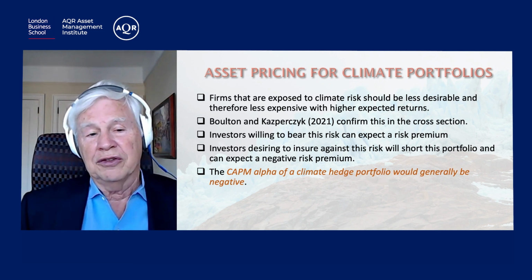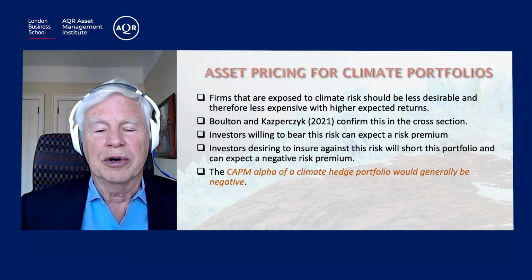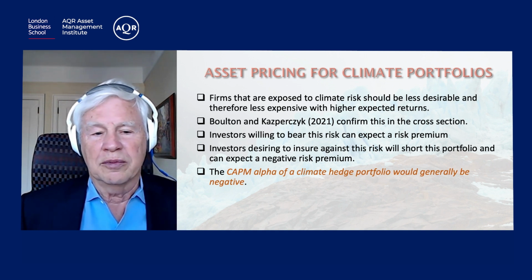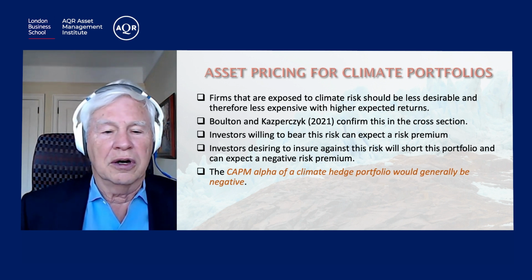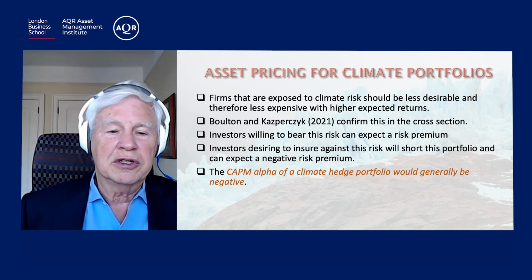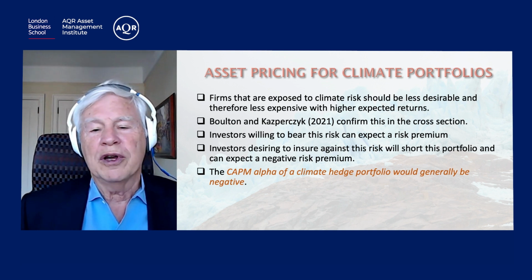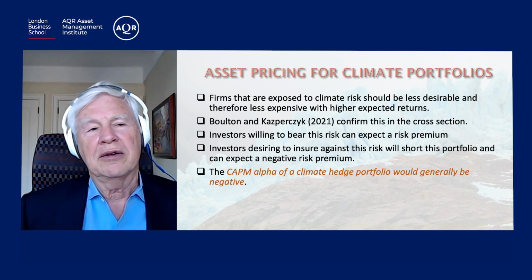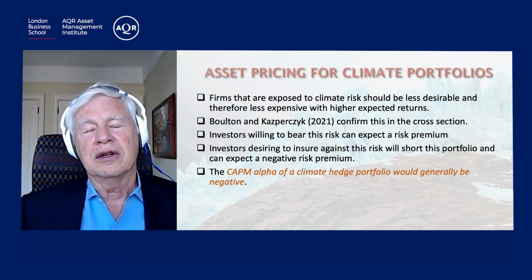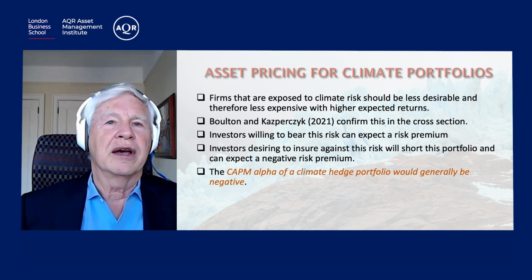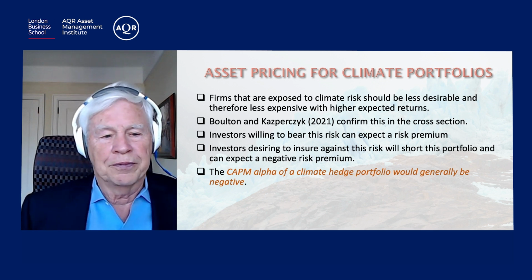So companies that are exposed to physical risks, like properties near the ocean, properties near wildfires, properties which have high carbon emissions and are therefore likely to be regulated in the future, all might be in this category. So these are like sin stocks, and because they're less desirable and riskier, they have to have a higher risk premium. So this compensates investors for holding them.